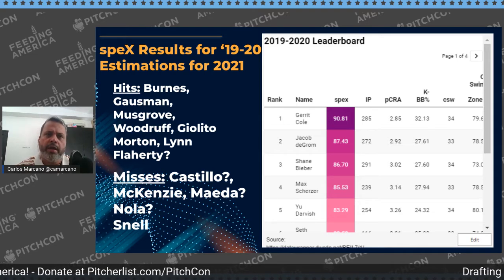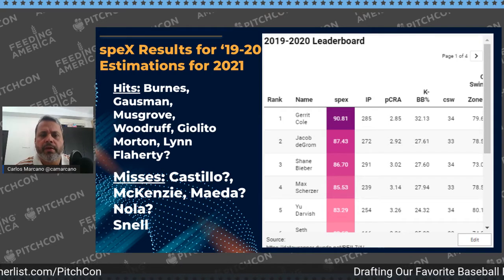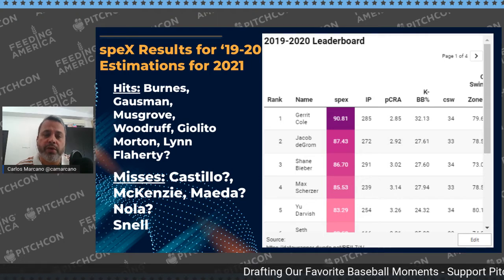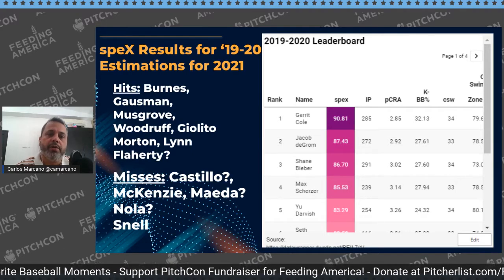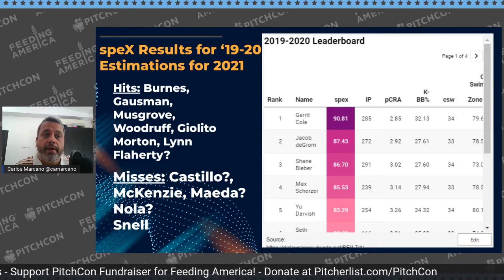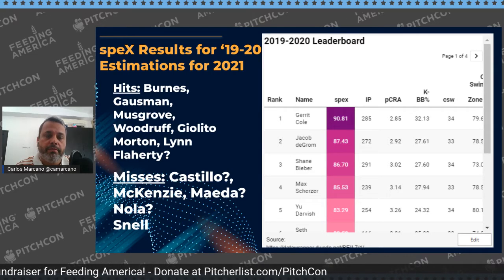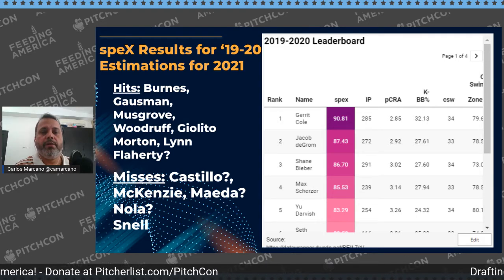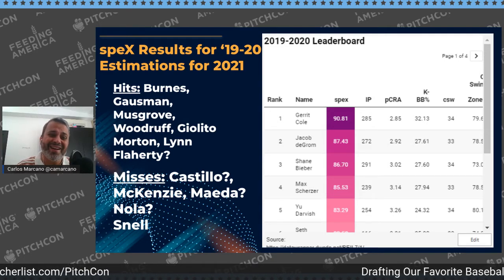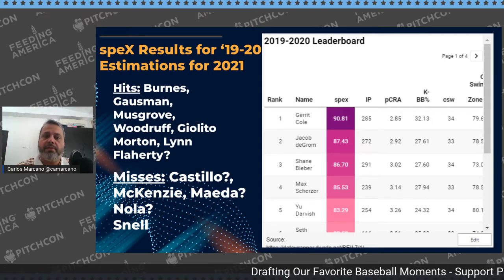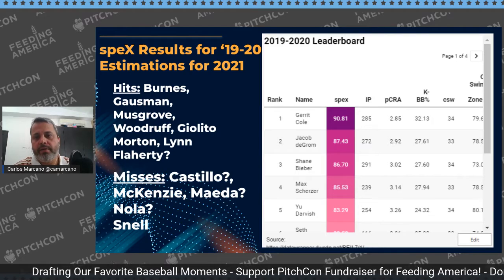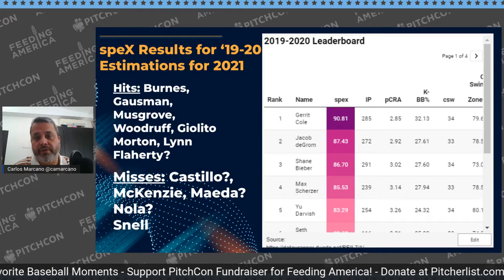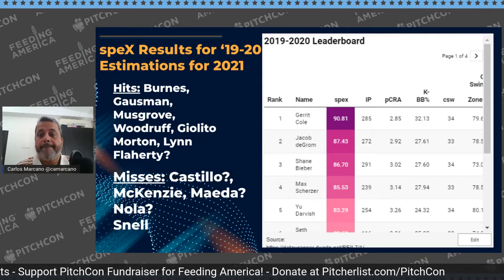Let me quote from the article for the 2019-2020 chart: names of interest: Woodruff, Morton, Nola, Gosman, Scherzer, Snell, and all the ones that we have here: Burns, Gosman, Giolito, Lynn, even Flaherty, who did not have the greatest season, but he was hurt, and there were a lot of things going on there that were out of our control, right?